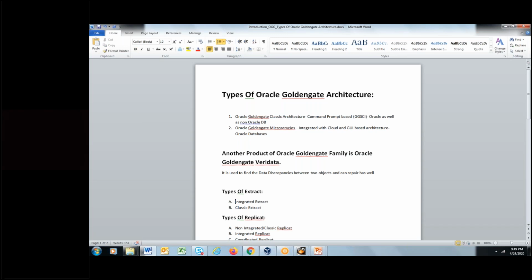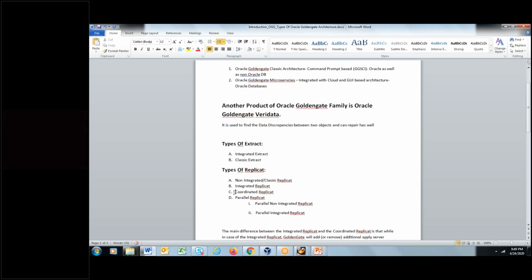Here we are talking about types of architectures: classic and microservices. In GoldenGate we have different types of extracts and replicates available, like integrated extract and classic extract.